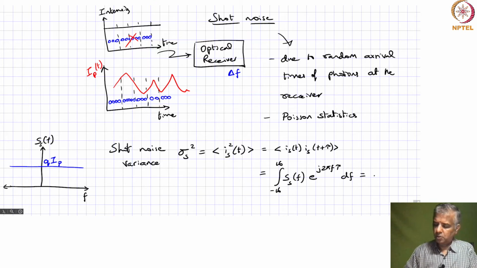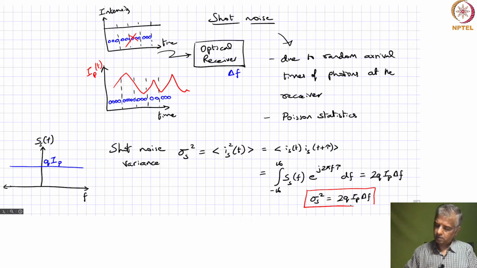So you essentially have 2q I_P multiplied by delta f. Let me write it out again. Sigma s square is given by 2q I_P multiplied by delta f. This is what we call shot noise.